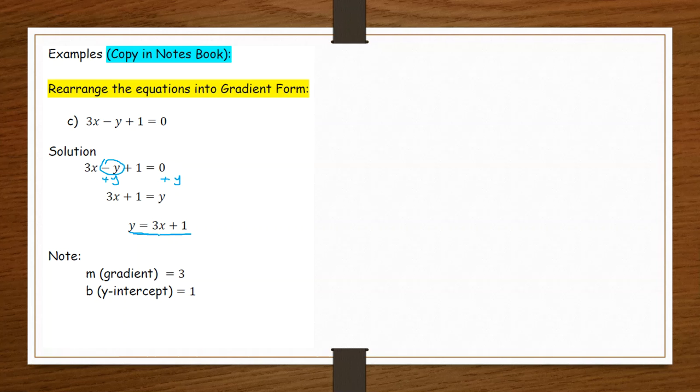And then the 3x tells us the gradient is 3, and the 1 is the y-intercept. So this time around, I think it's quicker to just add y to both sides and then switch it. You could go minus 3x and then minus 1 and then divide by minus 1, but that's a longer process.